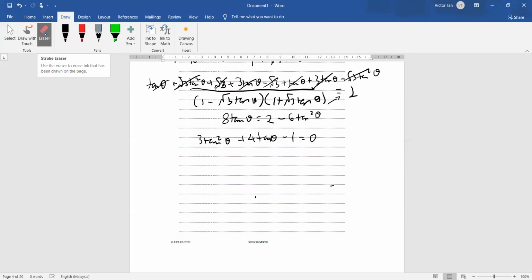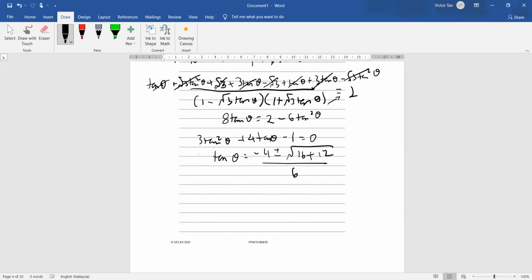You have to use the quadratic formula to find the solution. 0.215 is one of the solutions and minus 1.549.